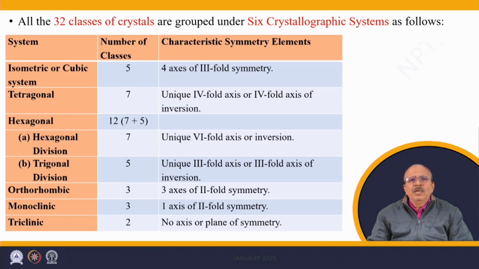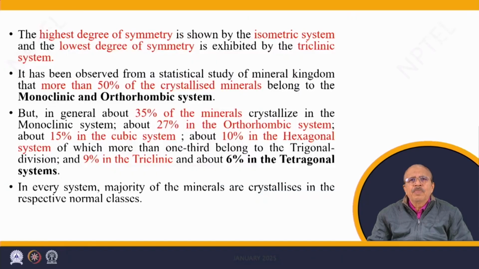Then monoclinic system, the number of classes is 3, 1 axis of twofold symmetry, and triclinic, the number of classes is 2, no axis or plane of symmetry. These are the information related to the number of classes in the different crystallographic systems.